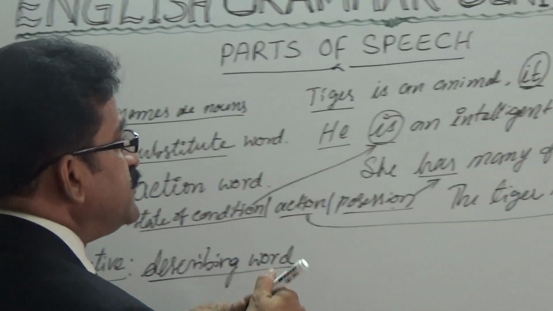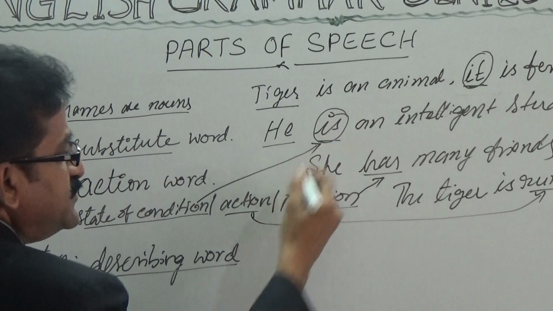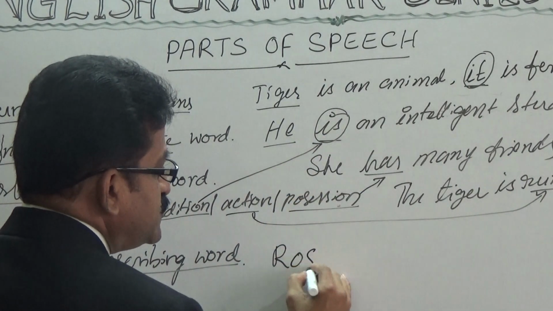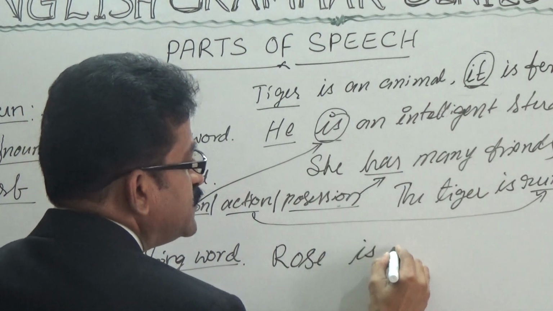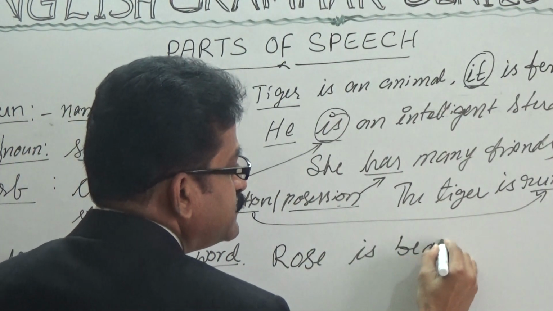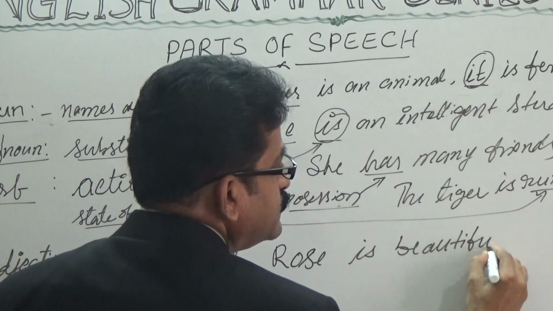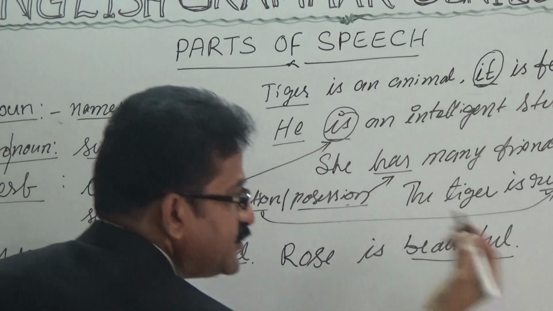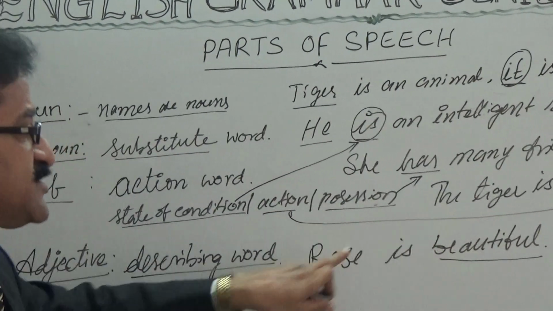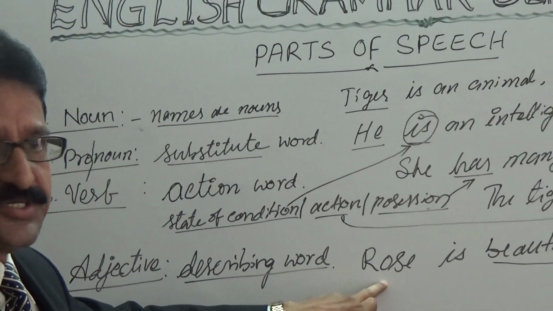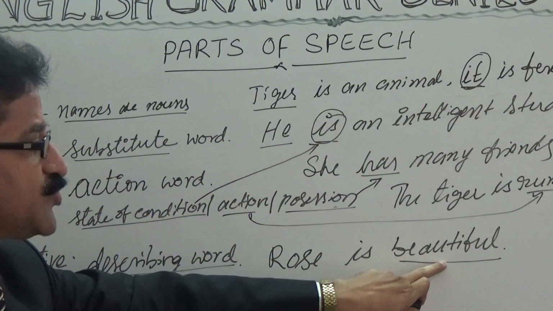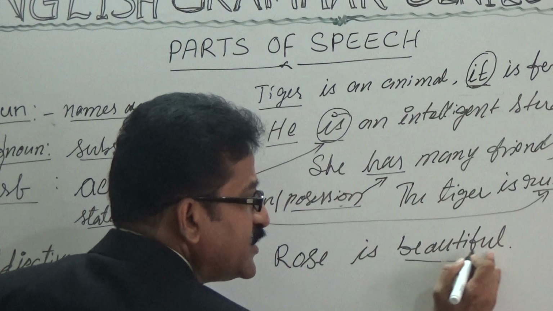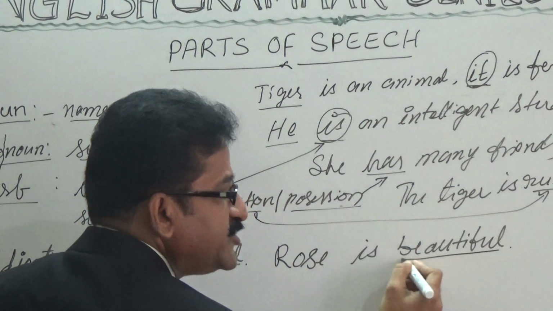For example, take another sentence: Rose is beautiful. See here, this word "beautiful" describes something about the subject. The subject is rose, and this word is describing the characteristics of the subject. That is why it is called an adjective.